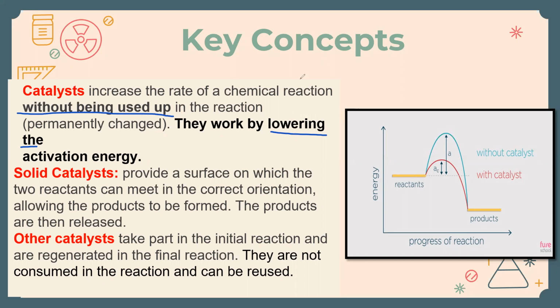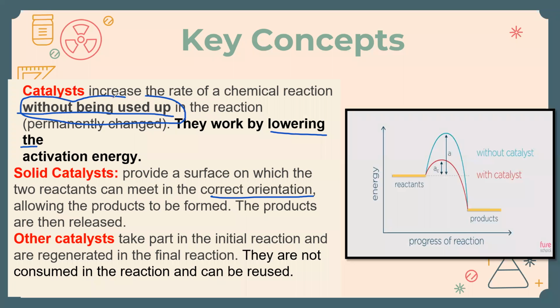And we're going to learn about two types of catalysts. You've got solid catalysts and you've got other catalysts. Solid catalysts basically ensure that those conditions that we talked about in 4.8, for example, the two reactants meeting in the correct orientation or in the correct position, are met, allowing the products to be formed in a very rapid way. And other catalysts basically take part in the initial reaction and they are regenerated in the final reaction. So like we said before, they're not used up.